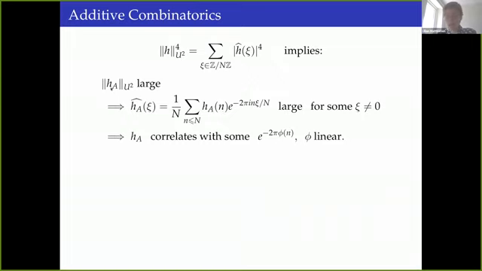And if HA is a function that has mean value 0, the 0 Fourier coefficient vanishes. So in fact, HA has a non-trivial Fourier coefficient that is large. You can reformulate this latter expression as saying if the U2 norm is large, then HA correlates with an exponential that has a linear phase function.